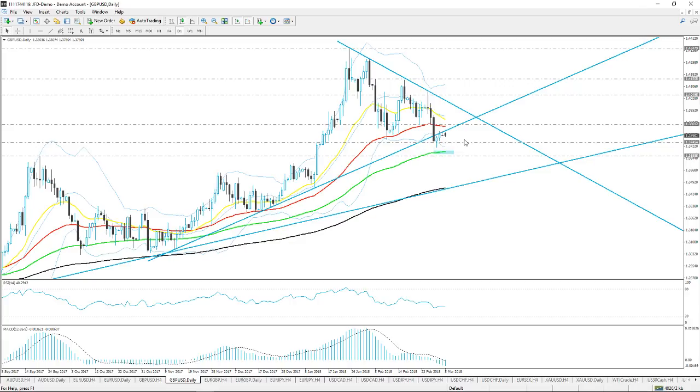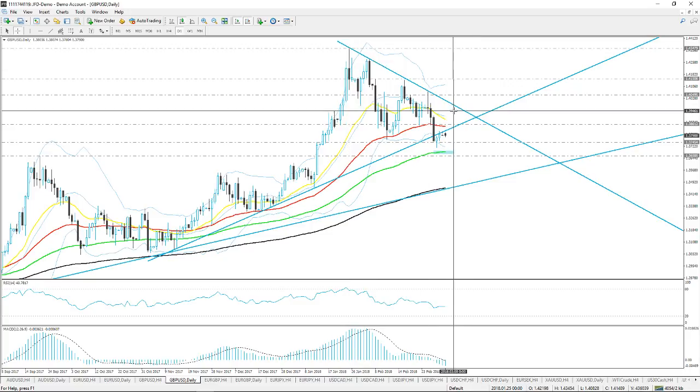But if we suddenly get a move back inside this triangle and into this apex, then the downside is slightly off the table, and we could see some moves back up towards this little downward trend line that we've had running since the 25th of January.